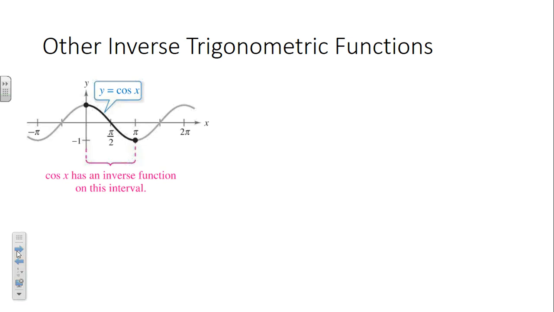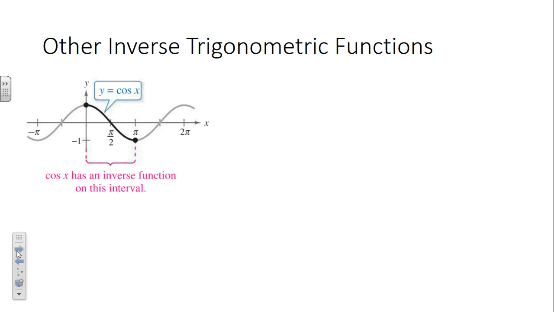Okay, other inverse trig functions. So think about what happens with the cosine. Sine was positive in the first quadrant, negative in the fourth quadrant. So we could restrict it from negative pi over 2 to pi over 2. What's happening with cosine? Well, cosine starts high, ends high. In the middle, it's at the bottom. So we just want from the high to the low and nothing else. Make sense?